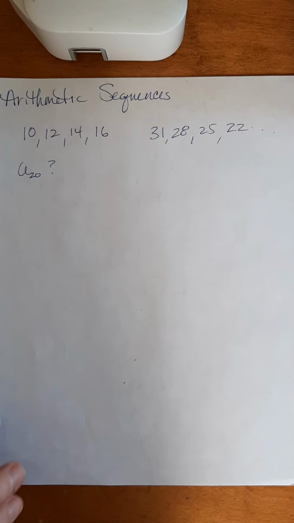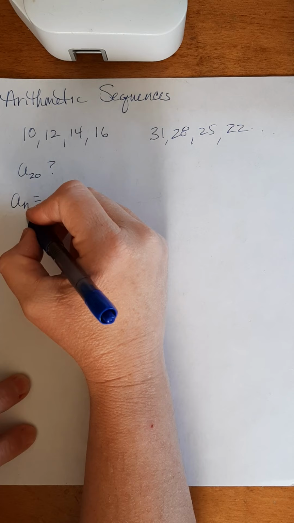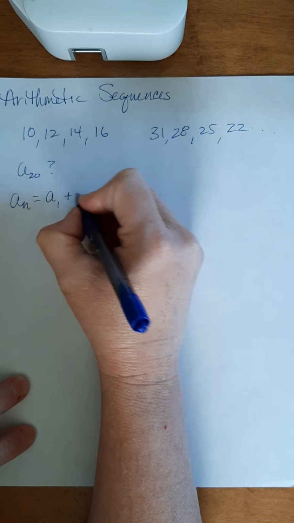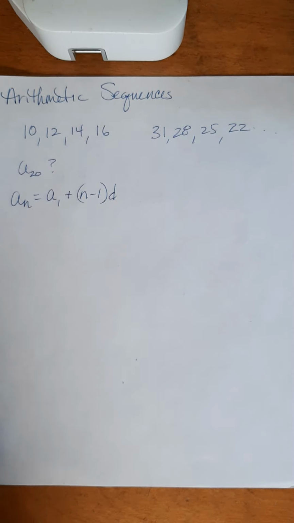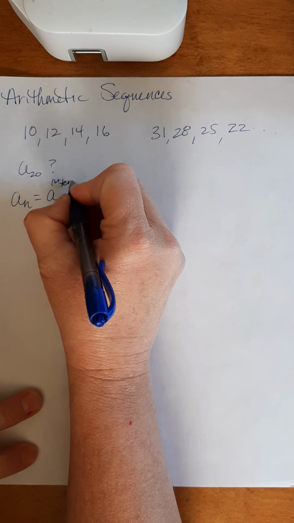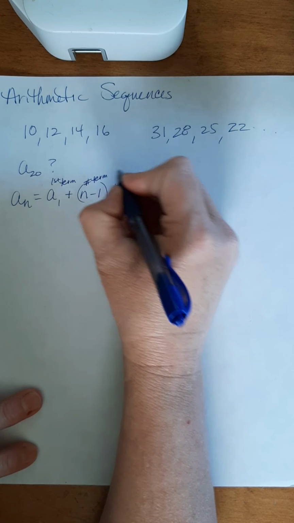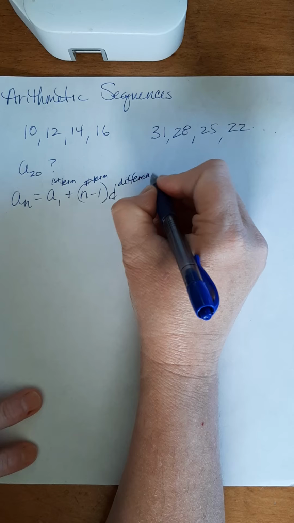And so rather than do that, there's a formula. a sub n, or whatever term you're looking for, equals first term plus n minus 1 times d, where a sub 1 is, of course, the first term, n is the number term, and d is the difference.